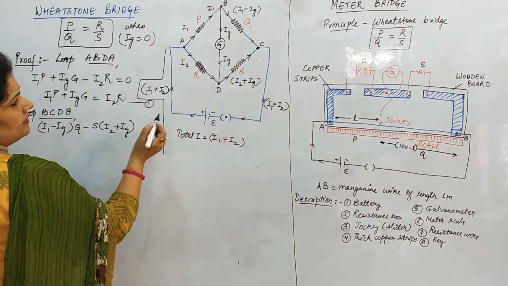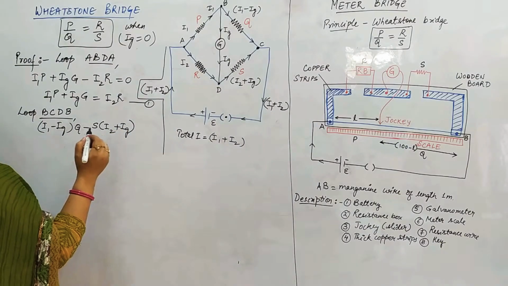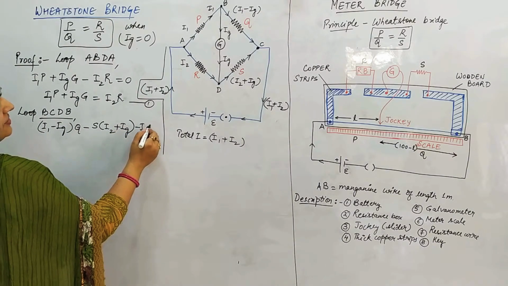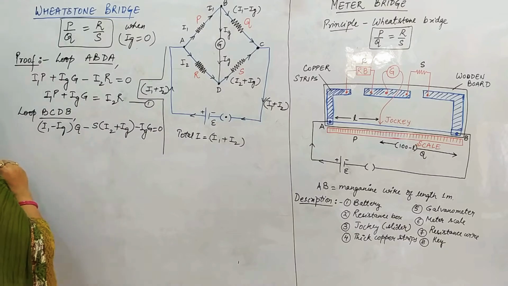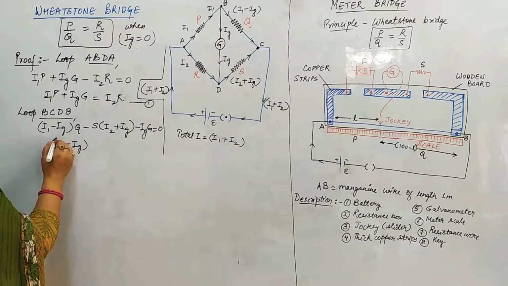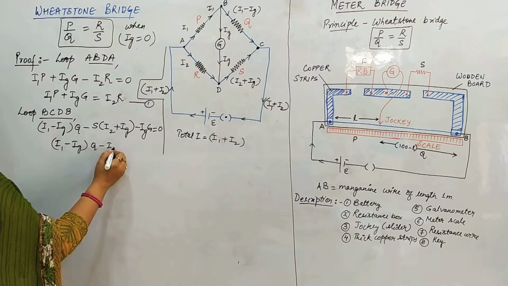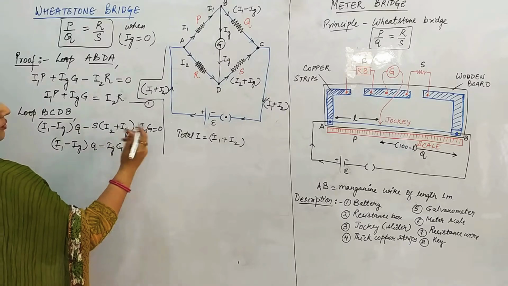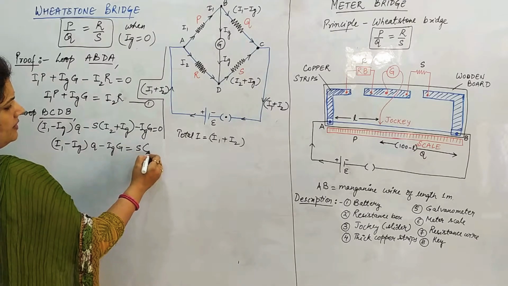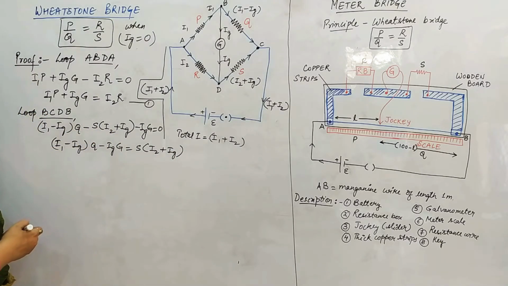And BCDB, we are moving in this direction, minus IG into G is equal to 0. So we can write I1 minus IG into Q minus IGG is equal to S into I2 plus IG on the right hand side. Right? Any doubts still here, children?